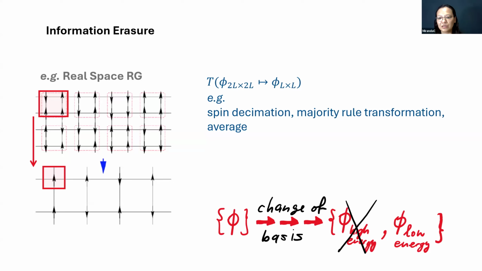You lose the high energy information by doing so. And of course, it's important that you choose this map wisely. For instance, you have spin decimation, a majority rule, etc. There's a whole topic on this process, but the lore is that once you choose this map reasonably, you're sort of doing the right RG thing.